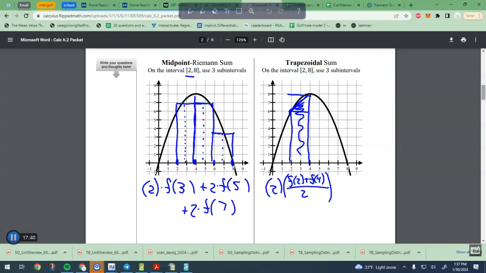I wouldn't do it this way, but just for the sake of showing different methods. Then it'd be between 4 and 6, and then between 6 and 8. Questions on left, right, mid, trapezoid? Okay.